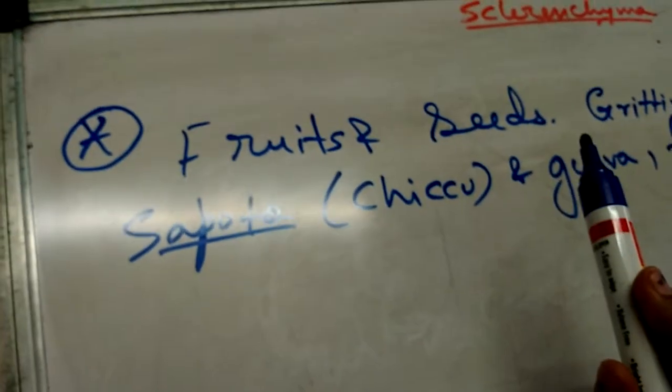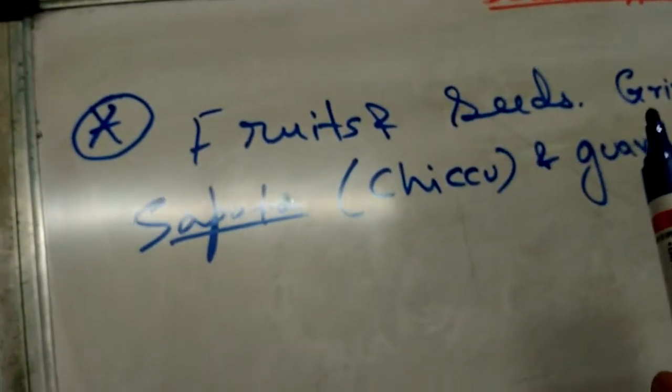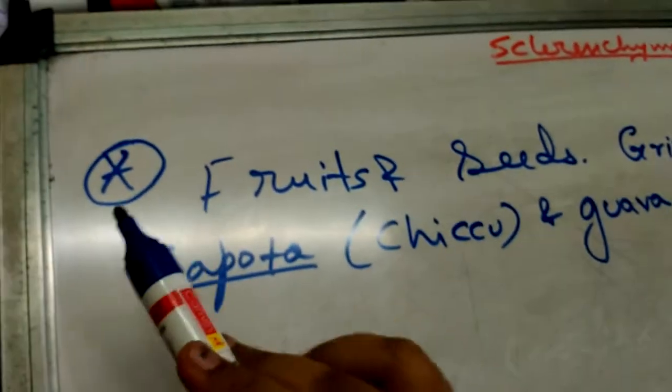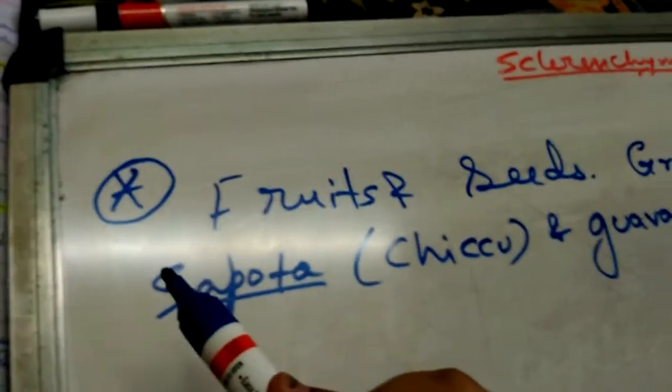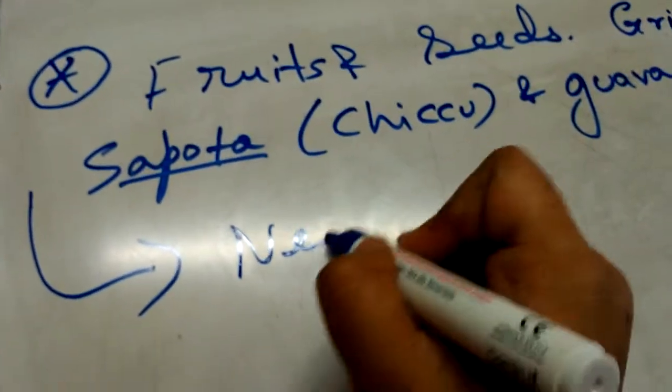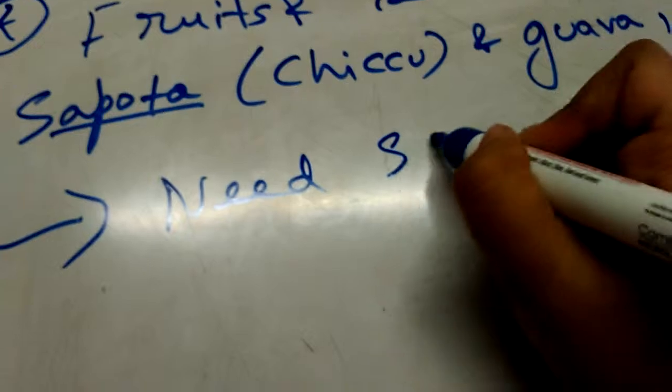They provide hardness and strength to the seed, forming the seed coat. So why are sclerids needed in fruits and seeds?